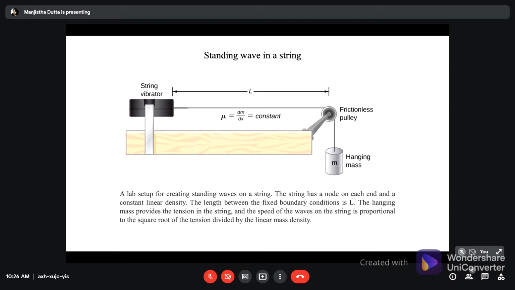Moving on to how we can generate these stationary waves in the laboratory.